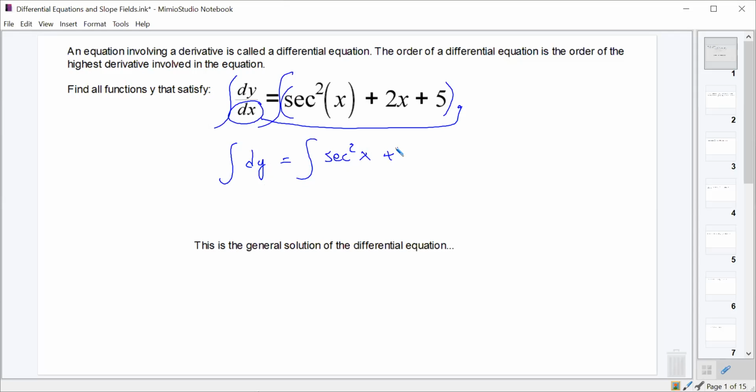What's the integral of 1 dy, which is what dy is? It's 1 dy.